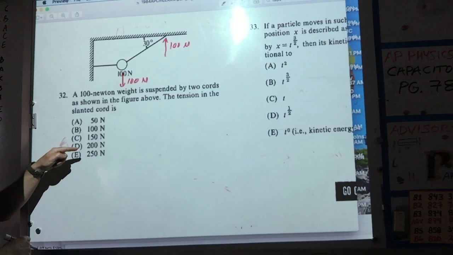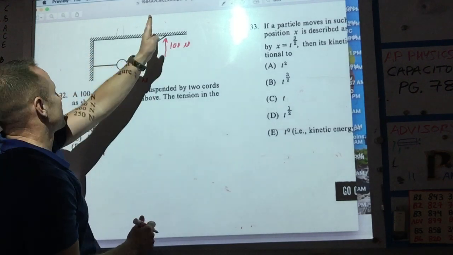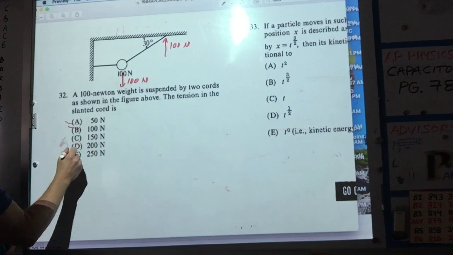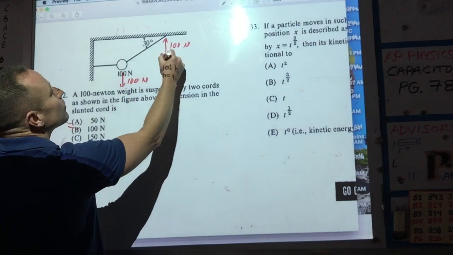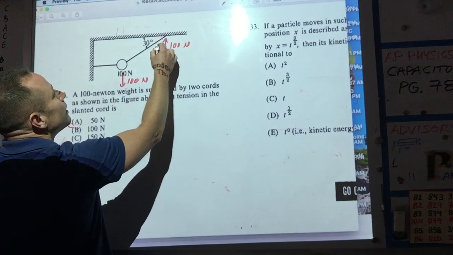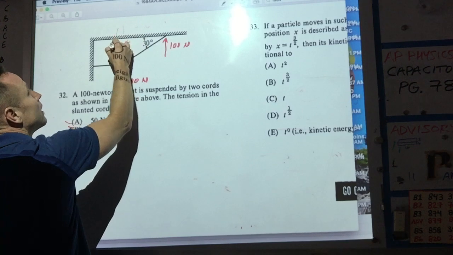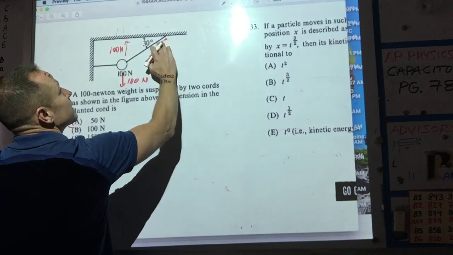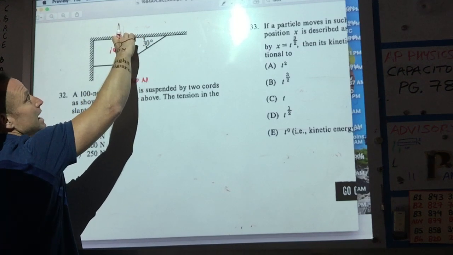So this thing not only has a rightward component but an upward component. These answers are bad because it needs to be at least 100. If this upward component is 100 newtons, that's the opposite side here.